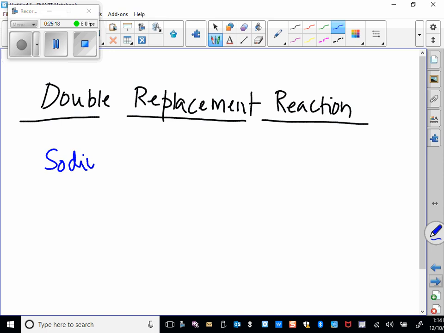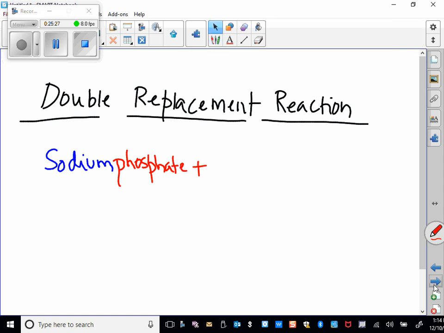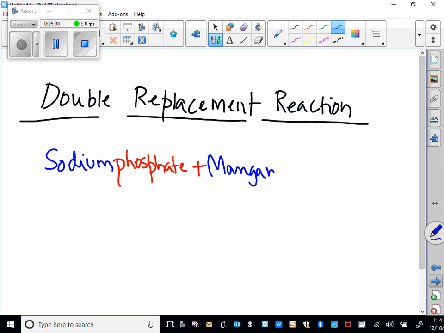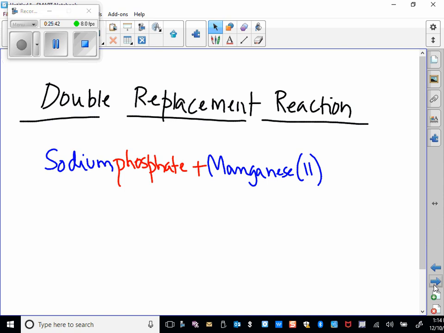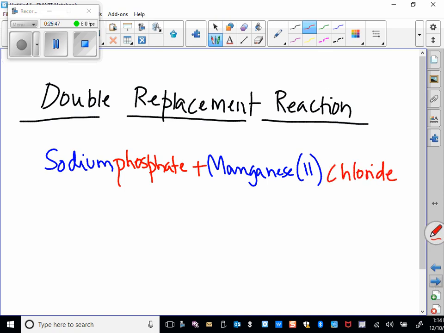Sodium phosphate. Sodium is my metal. Phosphate is my anion. Plus manganese 2 chloride. Now remember, you can never put two metals together or two non-metals together.